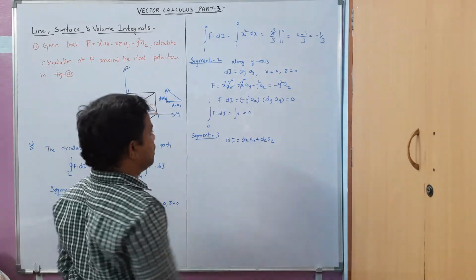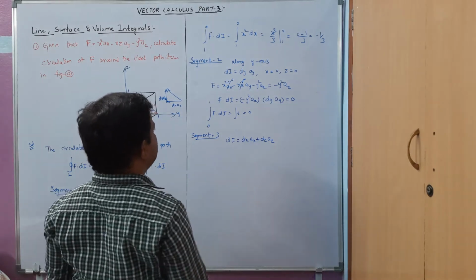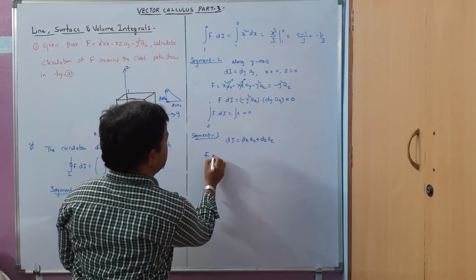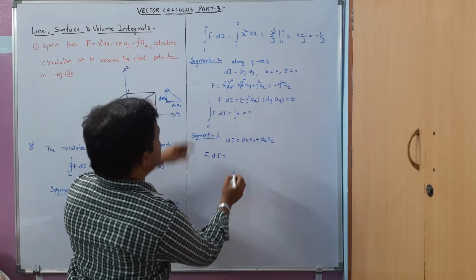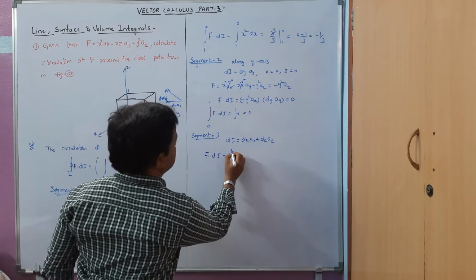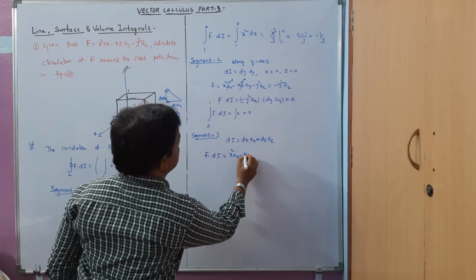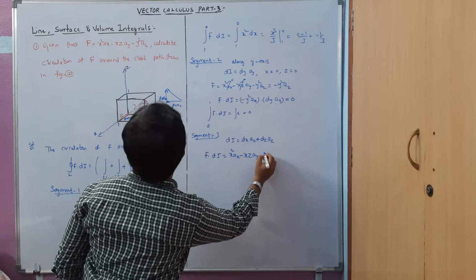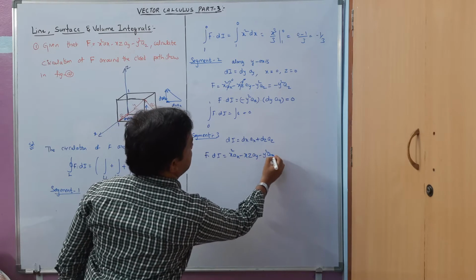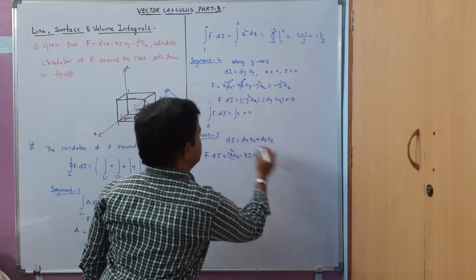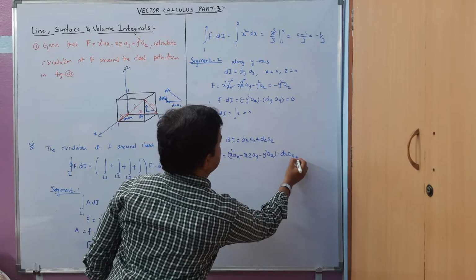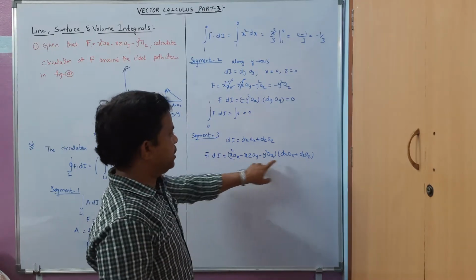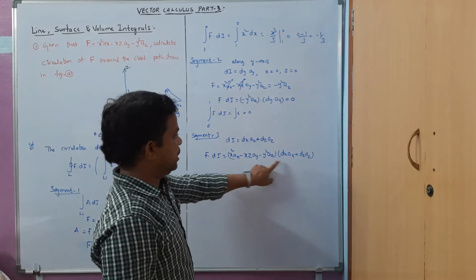Okay. Now what is f dot dl here? So we have to take the direct dot product here. F dot dl is equal to, what is f here? x square ax minus xz ay minus y square az dot dl, means dx ax plus dz az. Okay. So the dot product of ax dot ax is 1 and az dot az is 1 here.